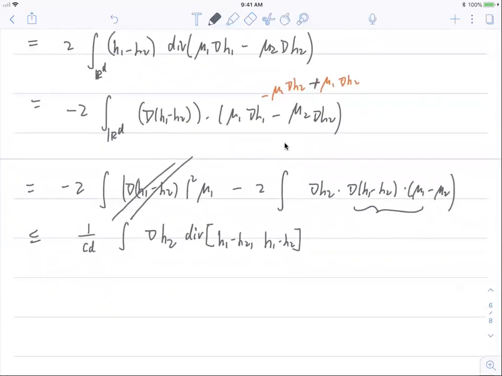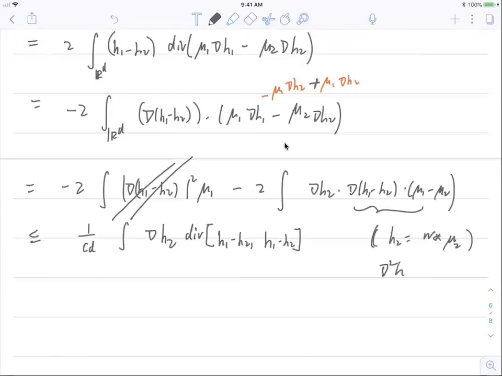So here, actually we can almost complete if we make a very strong assumption. Let's say mu2, one of them, is very nice, a nice solution to the mean field dynamics. So H2 equals omega convolved with mu2. If mu2 is nice, then H2 is nice. So you can take the second order derivative of H2.